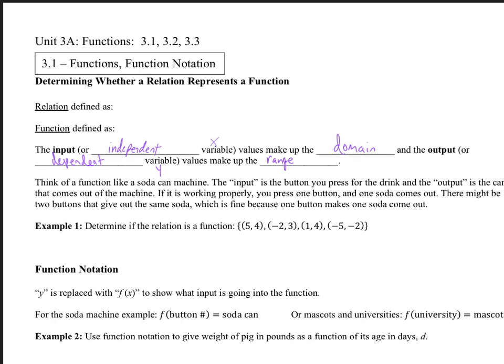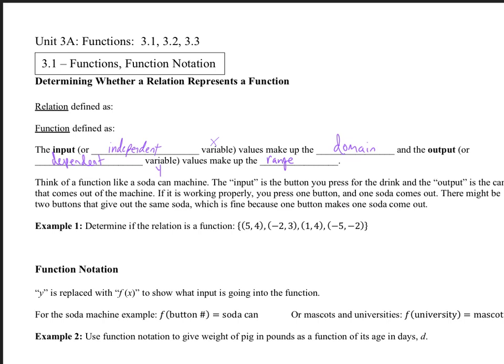What we're looking at today is how do we know if a relation is a function? It's based off that idea: when we look at an input, it should only have one output. So in this particular function, the input would be 5, the output would be 4. The input would be -2, the output would be 3. The input would be 1, the output would be 4. The input would be -5, the output was -2.